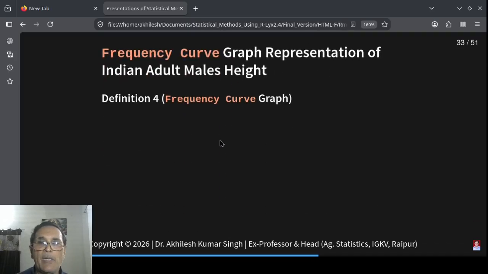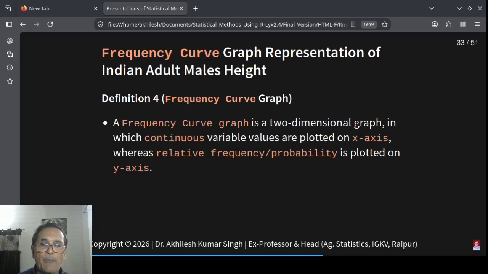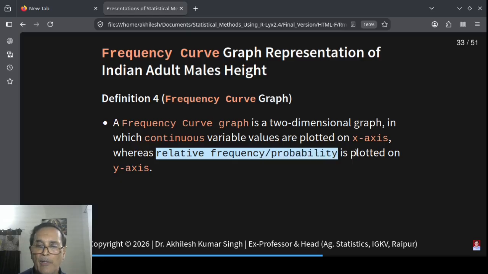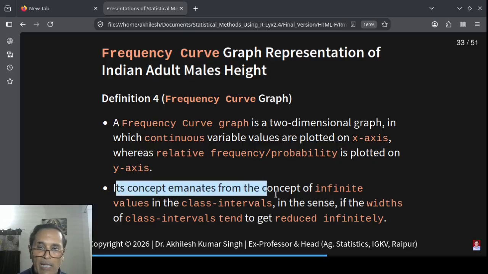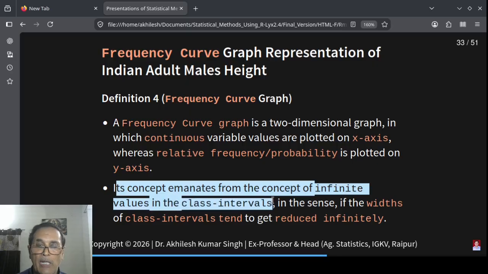Now, the frequency curve graph representation of data. What is the definition? A frequency curve graph is a two-dimensional graph in which continuous variable values are plotted on the x-axis, whereas relative frequency, or probability, is plotted on the y-axis. Remember, probability is nothing but a relative frequency in the statistical sense. Its concept emanates, meaning comes from, the concept of infinite values in the class interval.